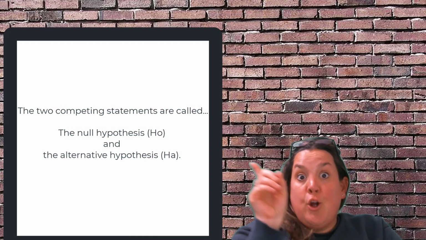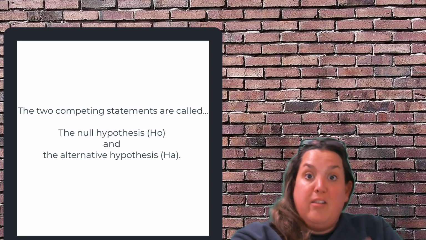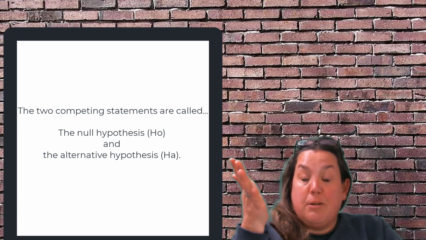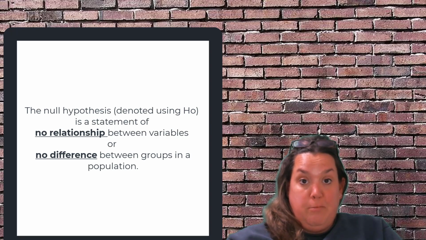Next, the two competing statements are called the null hypothesis, which is denoted as H sub O, and the alternative hypothesis, which is denoted as H sub A. Now, the null hypothesis, null, what does that make you think of? Right, nothing, no relationship.